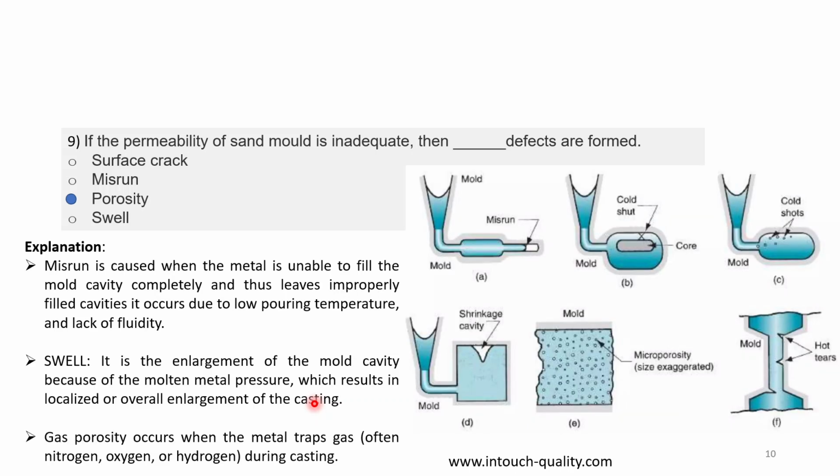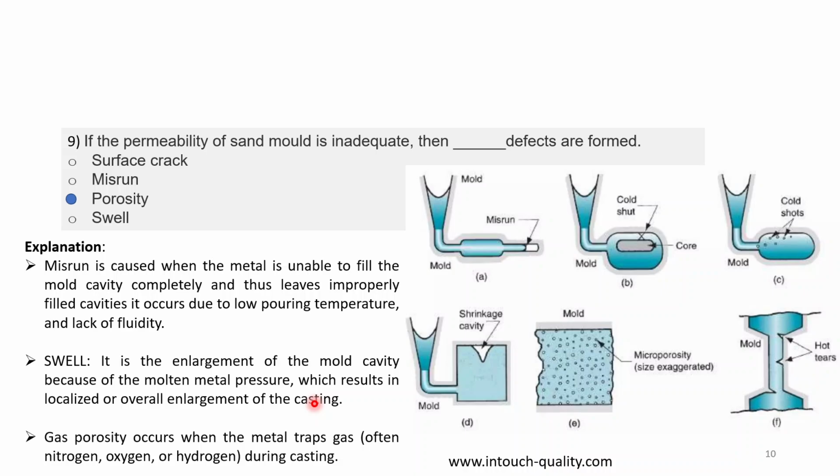Permeability basically helps in the escaping of the gases that are trapped with the molten metal. So if the gases are trapped, then you will have a lot of porosity, that will be your gases trapped in the form of porosity. So what are the other casting defects?